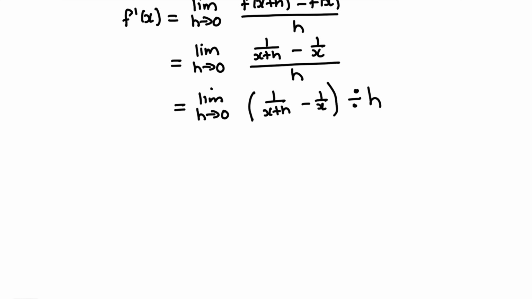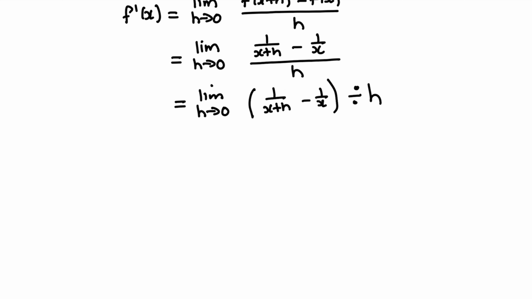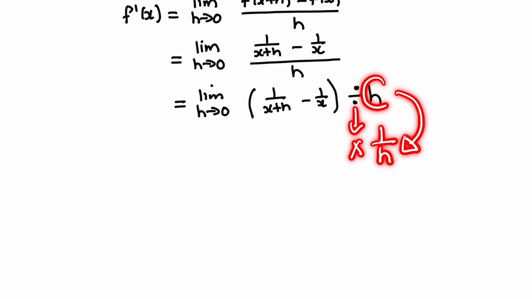So actually, instead of saying divide by h, I'm writing down divided by h. This will allow me to simply write the numerator as one fraction. Right now it is two, and I can also use keep, change, flip to change the divide into multiplication. So we can make that multiply by 1 over h, where I take the reciprocal of h.